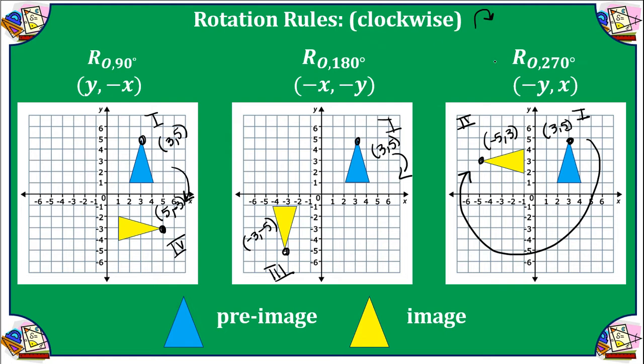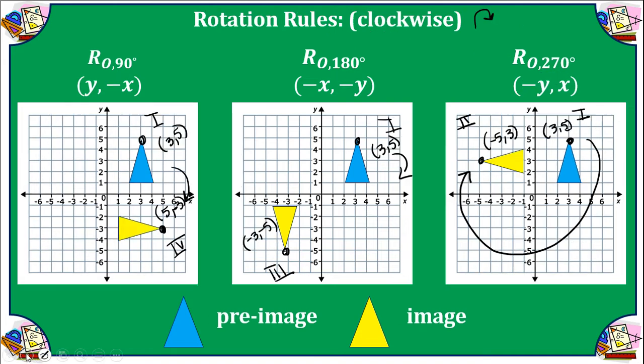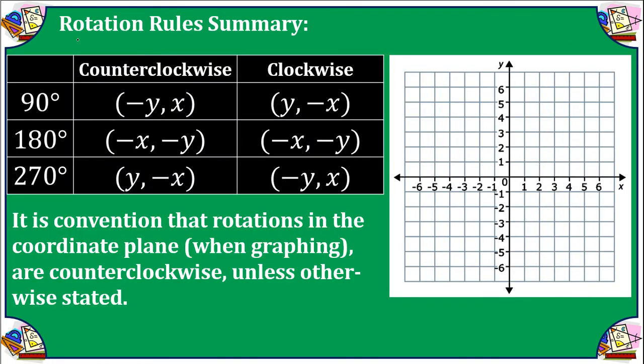So the 270-degree rotation about the origin clockwise is the same rule as the 90 degrees counterclockwise. When we summarize these rules, you can see that the counterclockwise 90 and the clockwise 270 are the same rule.